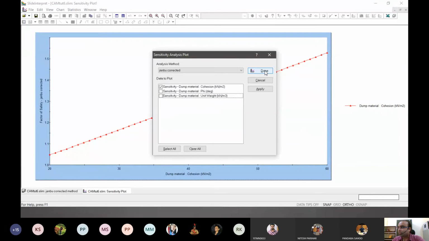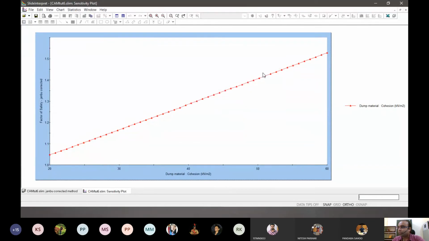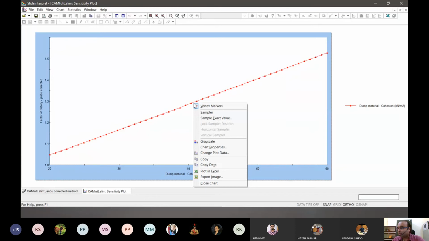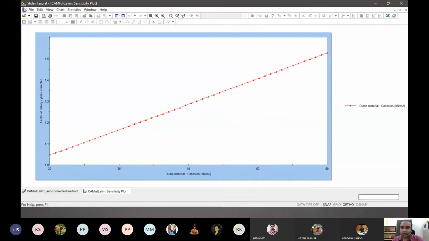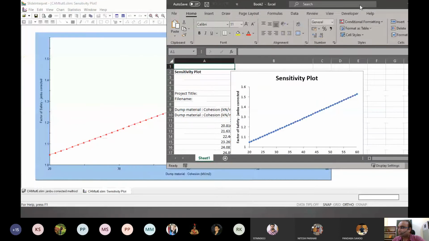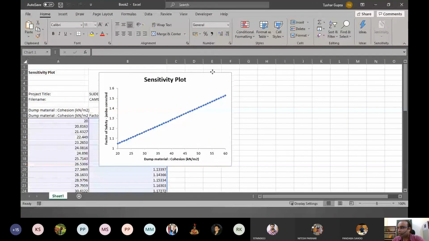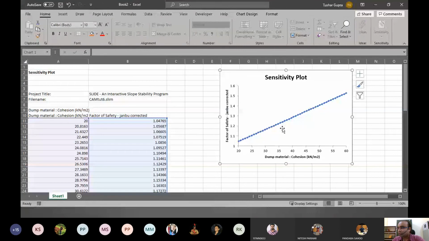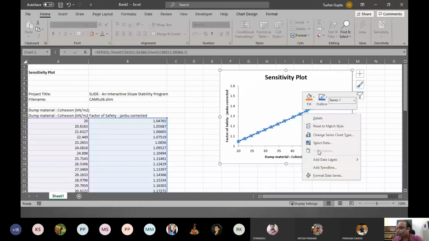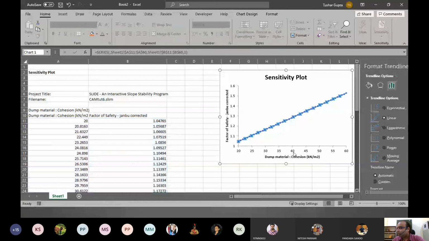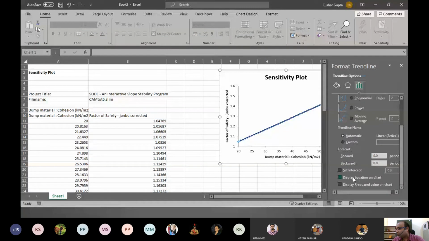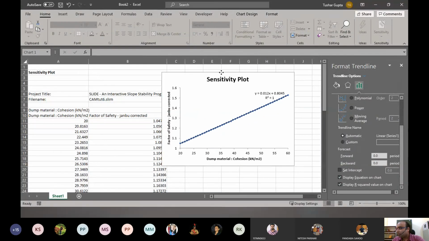So let's say if it is a dump material, done, right? And dump material cohesion, if we plot in Excel, it gives us something like this, a single plot with the dump material on x-axis, actual values, and the factor of safety on y-axis. Now we can simply add a trend line, and we can display its equation, right?